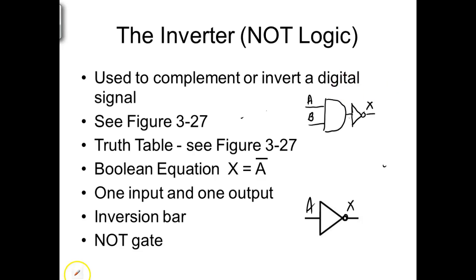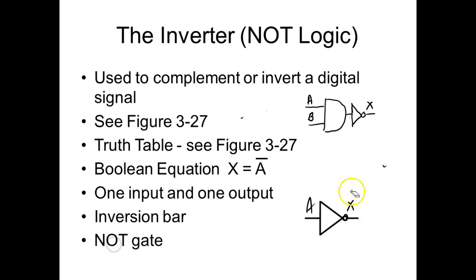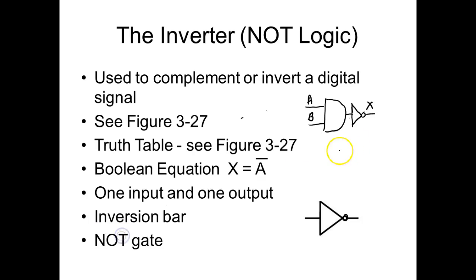We've got 2 inputs, so that would give us 4 entries in our truth table. So a 0, 0 would give me a 0 right there. And then we're going to invert it and get a 1.